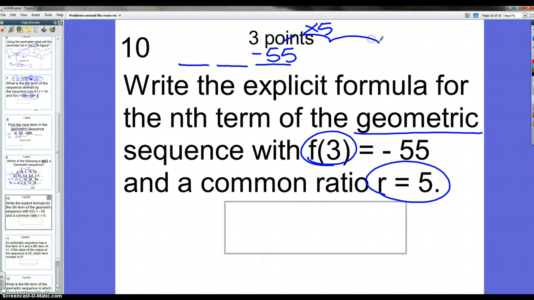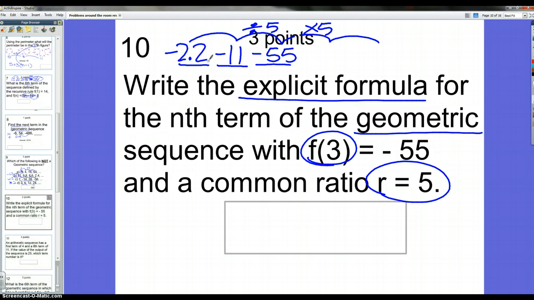But since I want the first term, because in my explicit formula I need the first term, to go backwards I have to divide by 5. And so that's going to be negative 11. And if you divide by 5 one more time, you get negative 2.2.